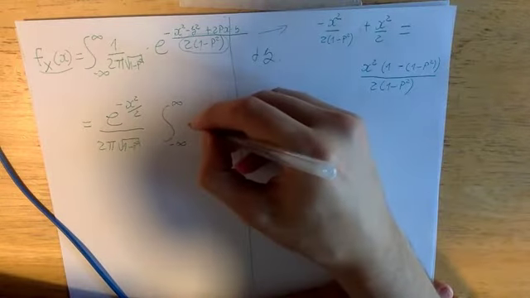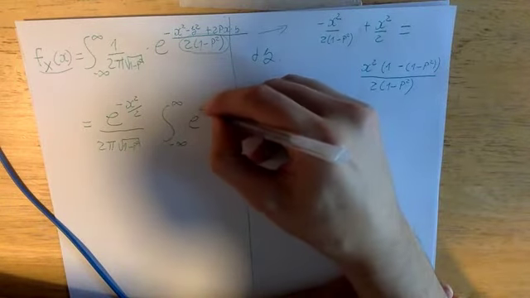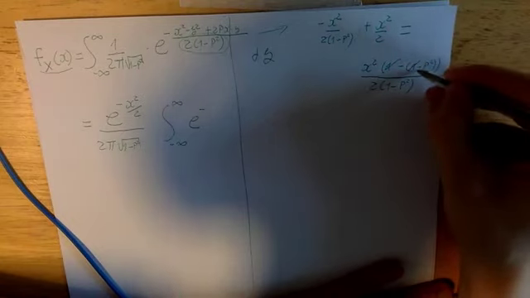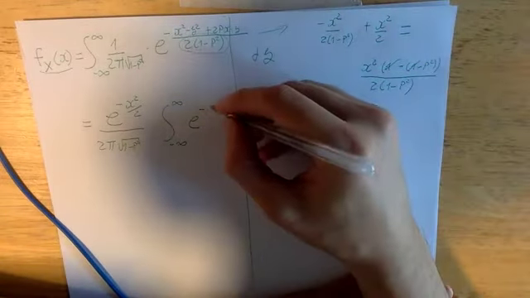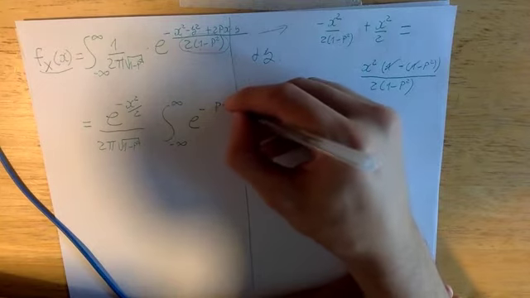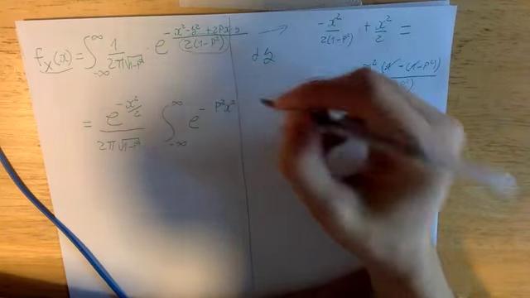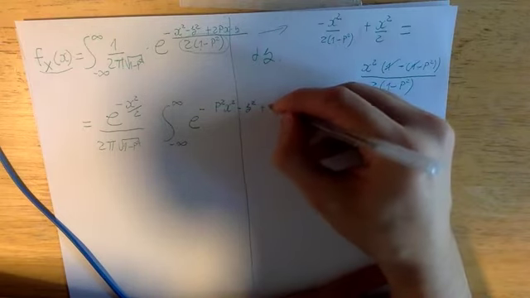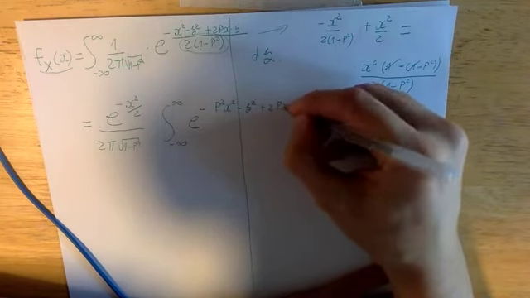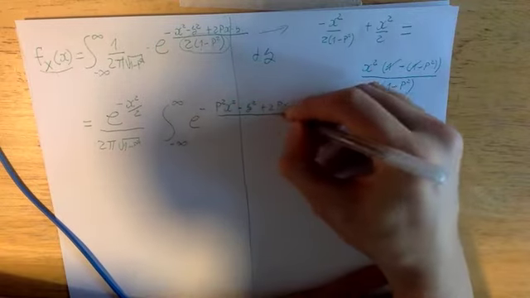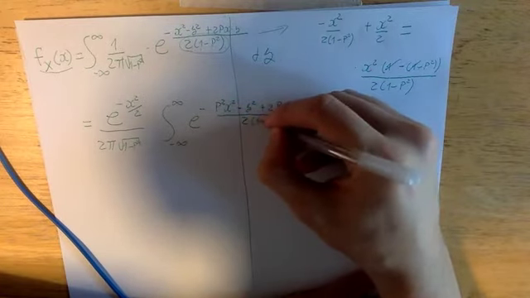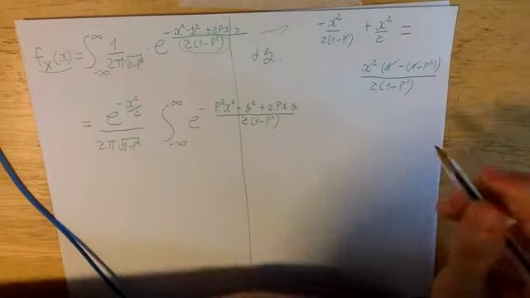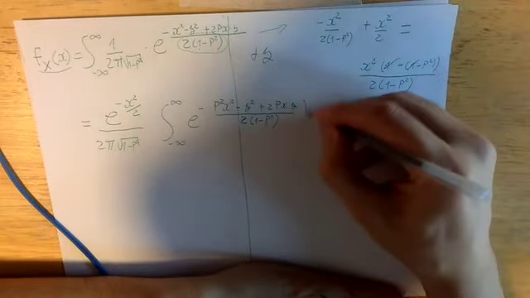So what I get here is e to the minus, so this one goes with this one and you get a plus p squared: minus (p squared x squared minus 2p x y plus y squared) over 2 times (1 minus p squared). Okay, so the reason why I did this is because we want to complete the square.